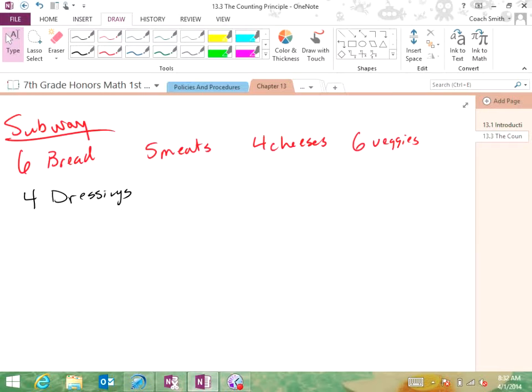Now, this only works if I'm choosing one from each group. Obviously, most of us put more than one veggie on there, but we're just saying if I ordered one from each category, how many different combinations would there be.